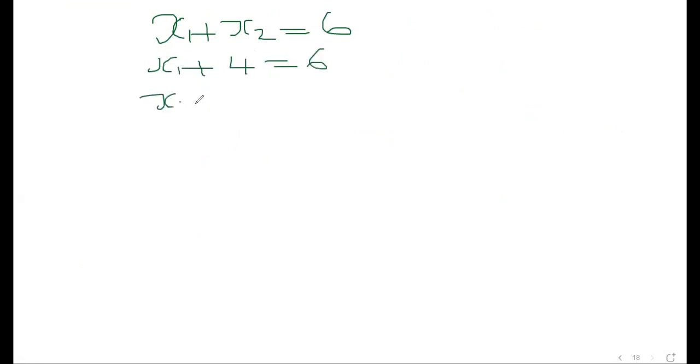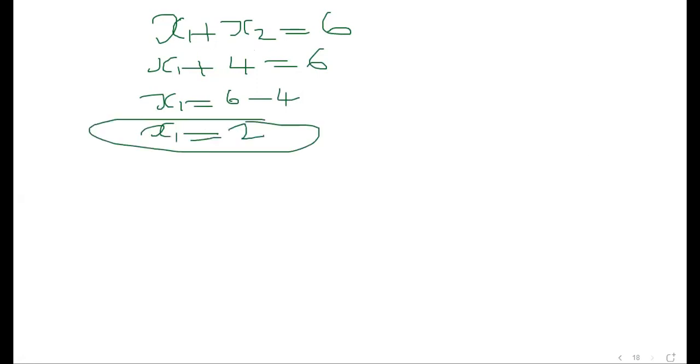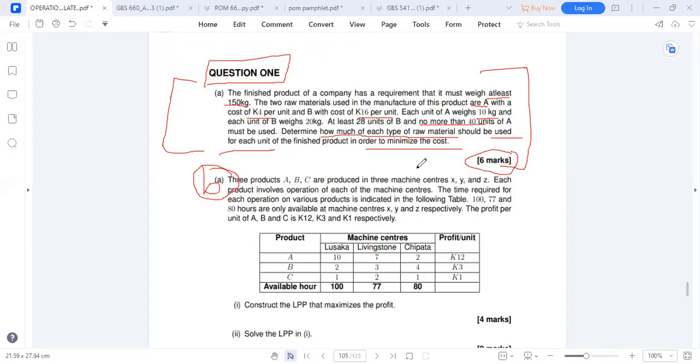And then x1 plus x2 equals 6. x1 plus 2 equals 6. x1 is equal to 6 minus 2. x1 is equal to 4. So meaning we can find the corner points of the feasible region.